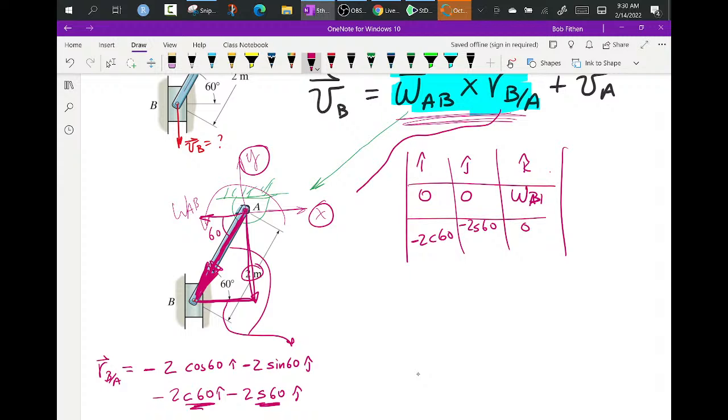And so I'm taking the determinant of that. So I take the I times the cofactor of this thing right here. And so it would be 0 omega AB. It's supposed to be AB. I don't know what happened there. That's supposed to be AB right there.